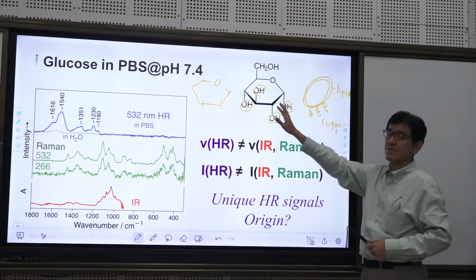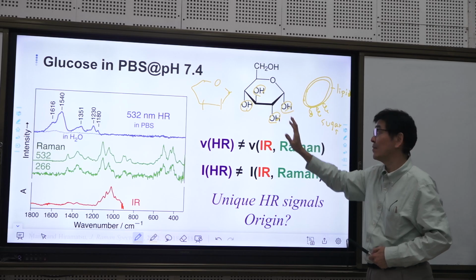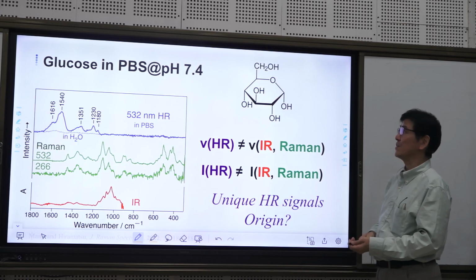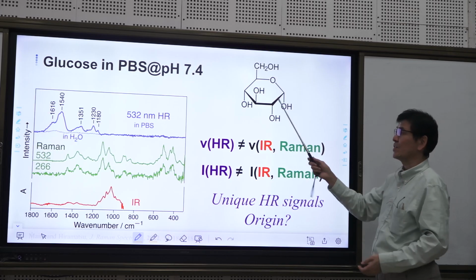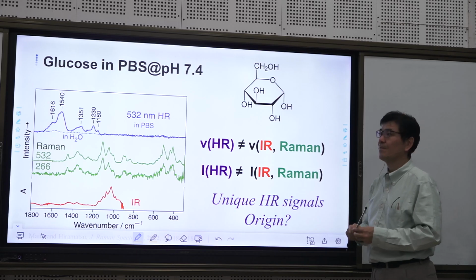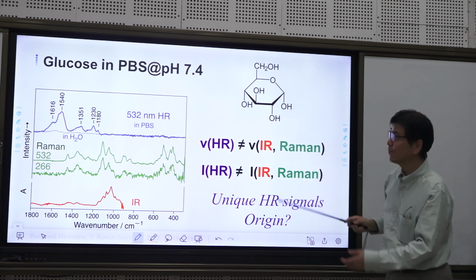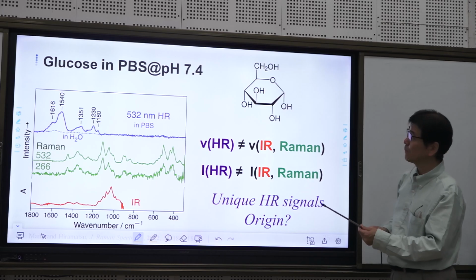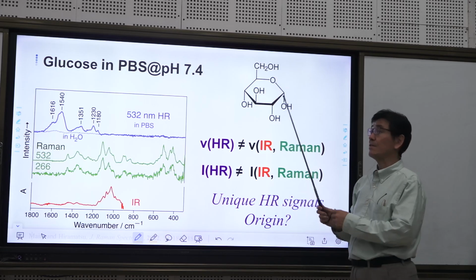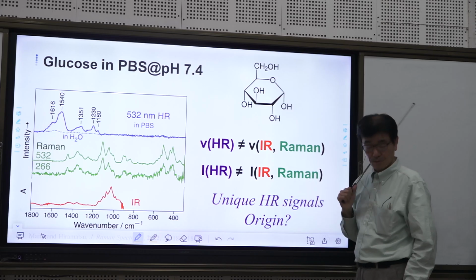So because of this variety, the organic synthesis of sugar is still not very easy. And that is one of the reasons the study of the sugars using vibrational spectroscopy has not been done, in particular about the long chain. But anyway, for that reason, I tried to analyze the sugar by using hyper-Raman spectroscopy.